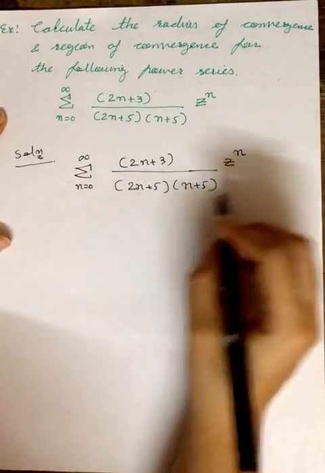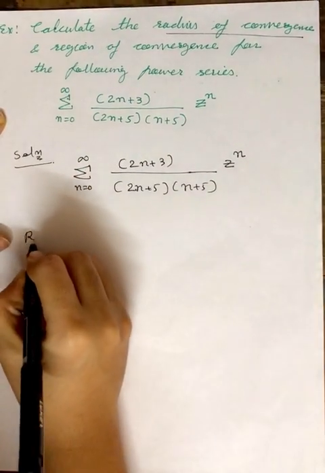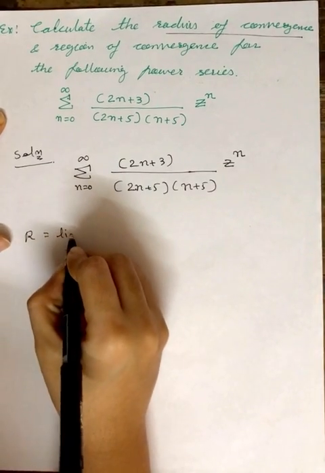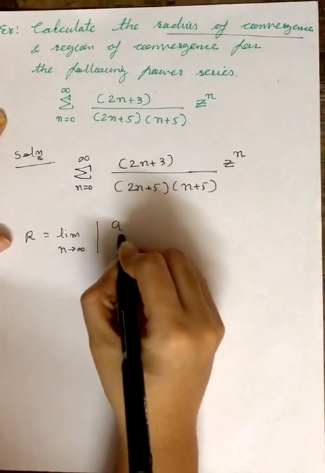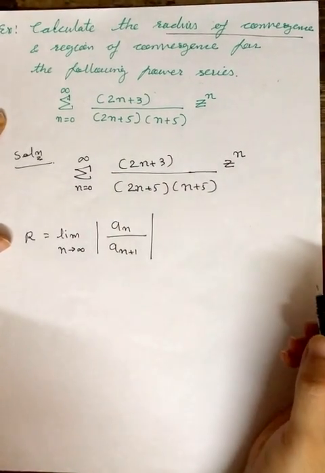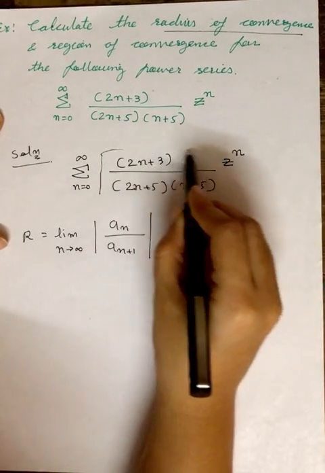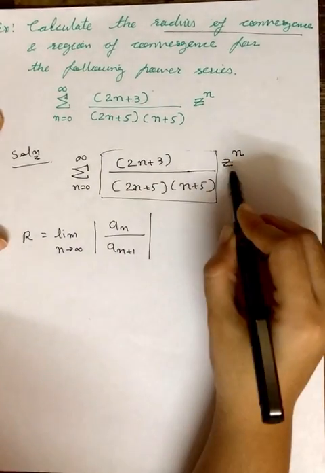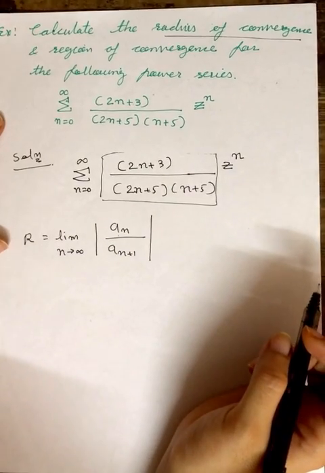Now when we are talking about the radius, first we will solve the first question, radius of convergence, which is defined by the limit as n tends to infinity of an upon an plus 1. So we are only talking about the coefficient and not the z to the powers. We are talking about the an.